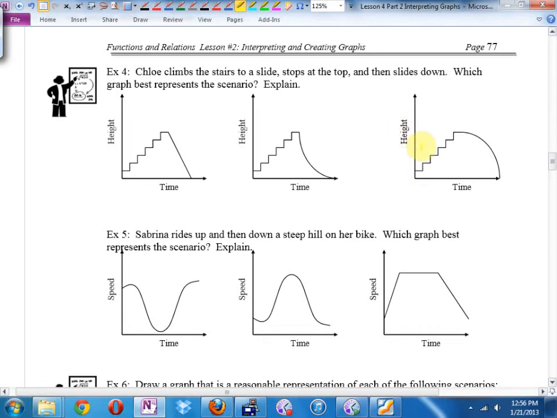Now we're graphing height versus time, not speed versus time. Which one? Well, I don't think this is going to help. The latter part is the same for all of them. So what happens to your height when you go down the slide? It gets smaller. Oh, all of these get smaller.